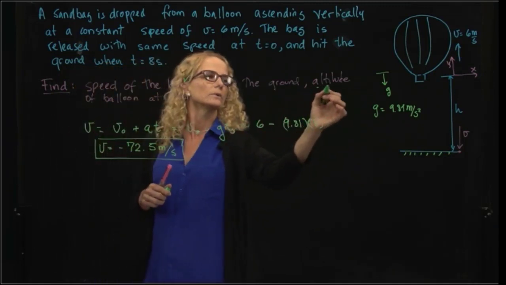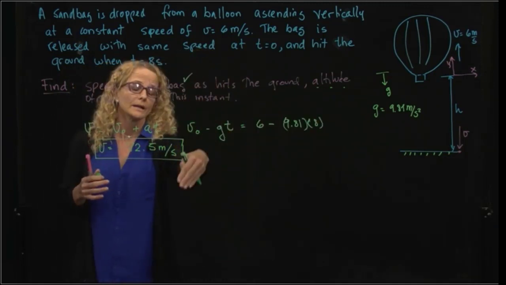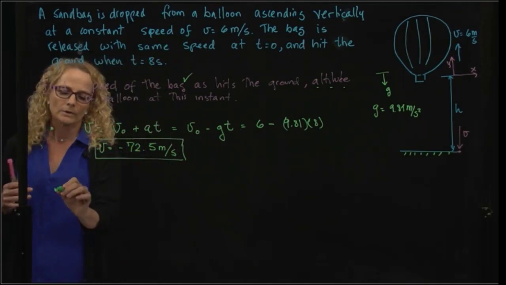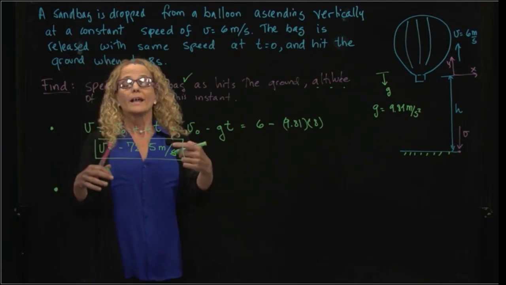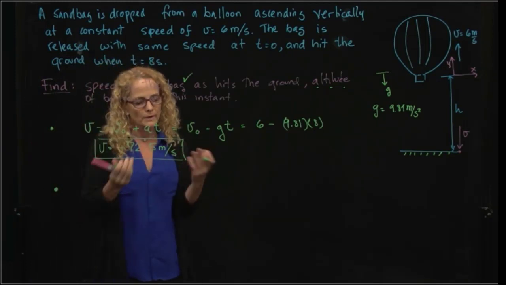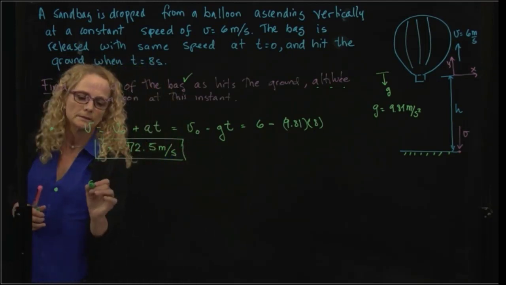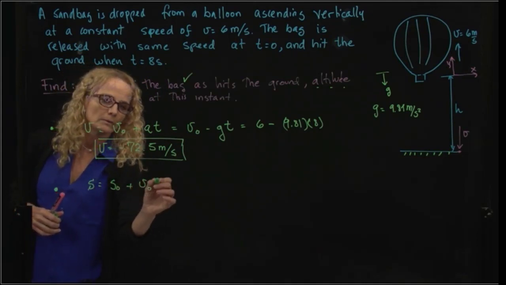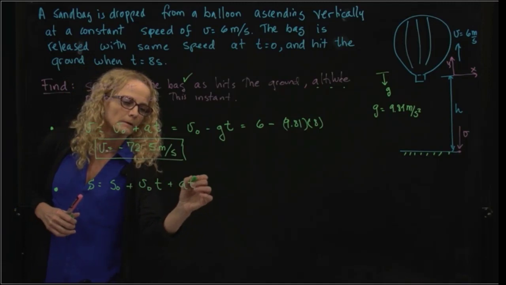The altitude of the balloon is when the sandbag hits the ground. That was question number 1. For question number 2, we have to integrate the velocity to find the position. The integral of that expression will be this one right here.